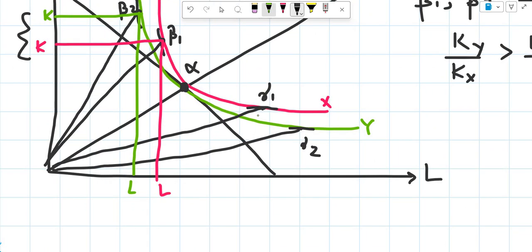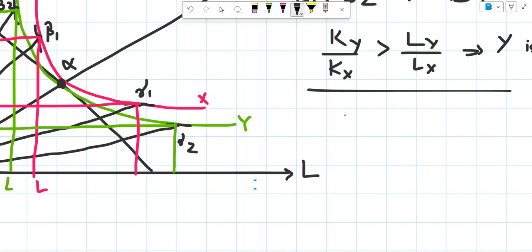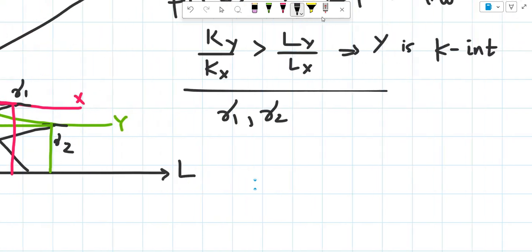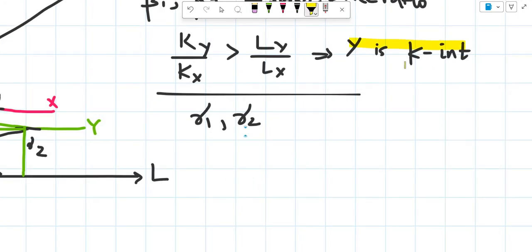Now if I look at the other side of the graph, I draw a horizontal line here, drop it on the horizontal axis, I draw a horizontal line here, drop vertically, or if I want to maintain the color scheme, drop it here as well. So now I want to look at point gamma 1 and gamma 2. So this is something that we have to remember. For the upper part, we saw that Y is capital intensive.